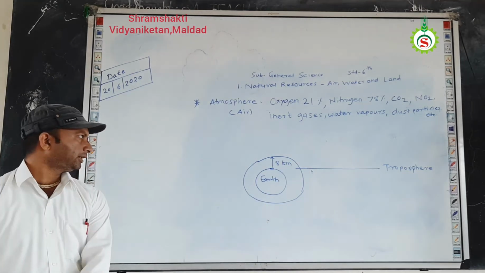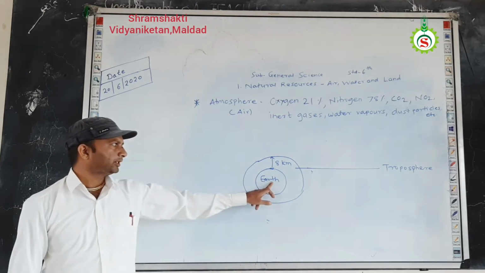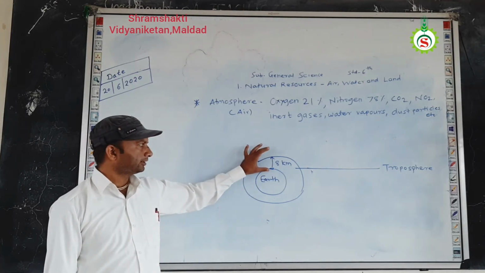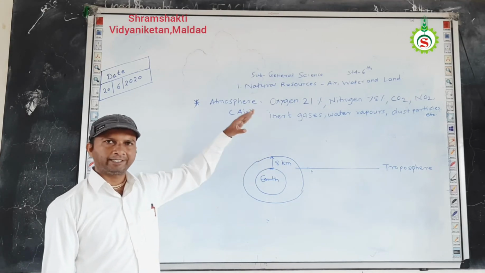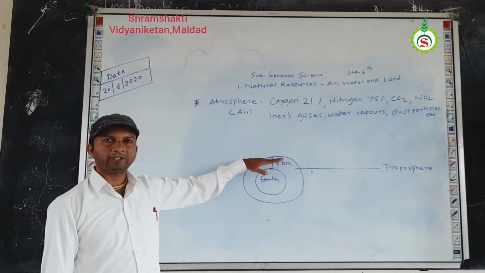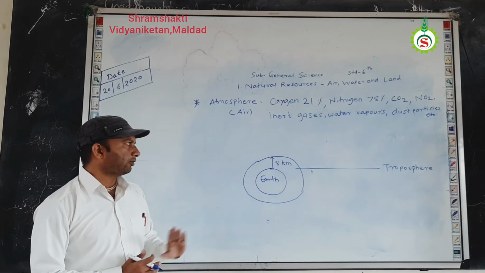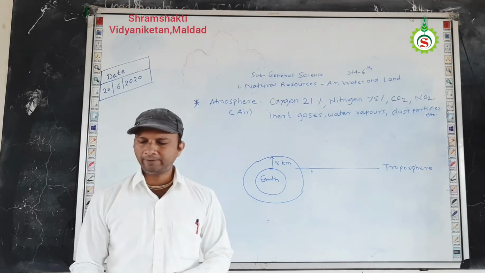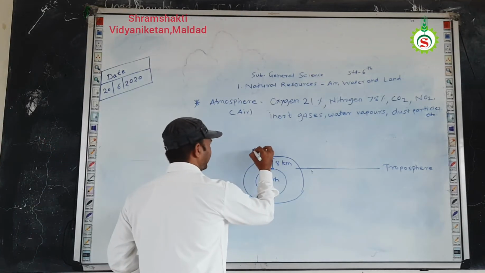Understand? The amount of air which surrounds the Earth surface up to 8 kilometers upward is covered by troposphere. So this is the first layer of the atmosphere. Then after that, the second layer.